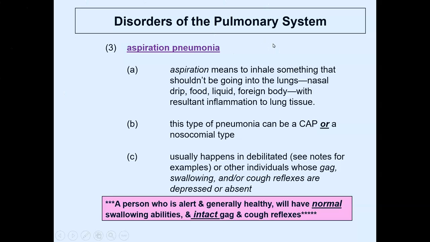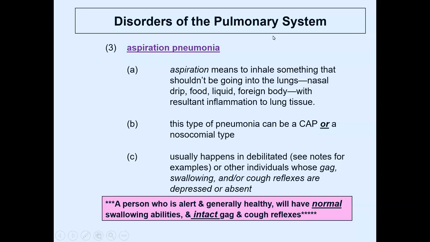Or they have a neurologic problem where they have a very poor cough reflex. So the key here, I've given you some examples in your lecture notes, is that aspiration pneumonia is not going to occur in individuals who have an intact mind, who have an intact brainstem, and who have intact reflexes such as gag and cough reflexes.